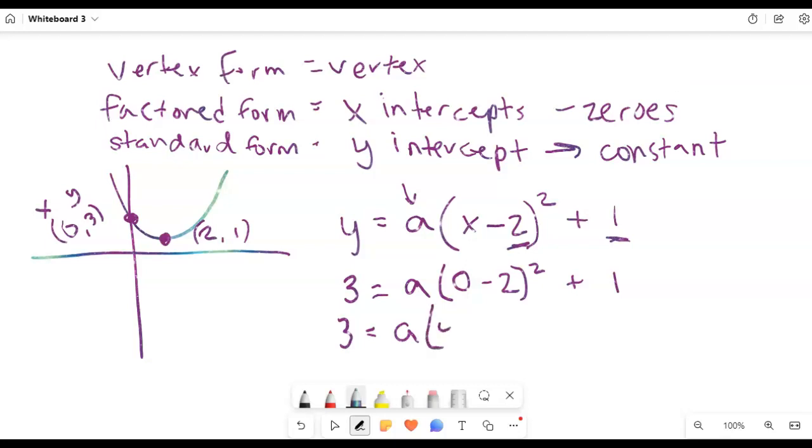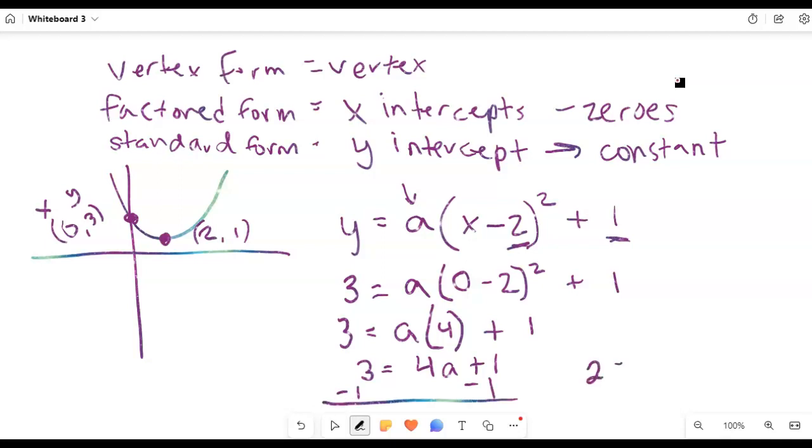So this would be times 4 plus 1. So this is 3 equals 4a plus 1. I'm going to subtract 1 from both sides, and then I get 2 equals 4a. Divide both sides by 4, and we get a equals 1/2.